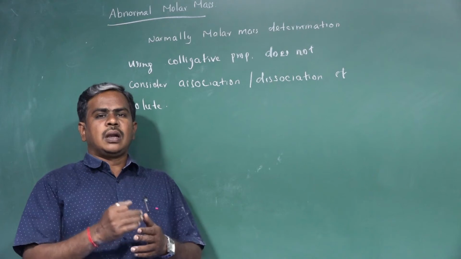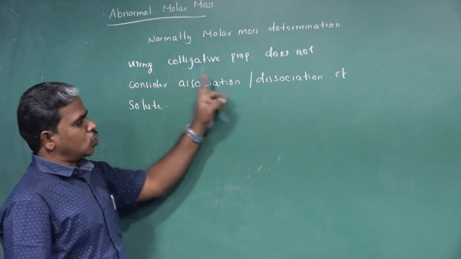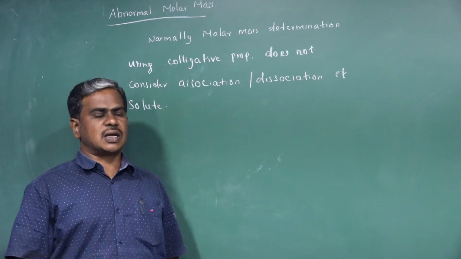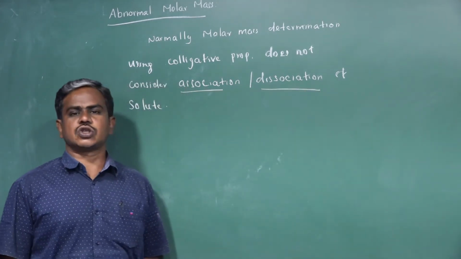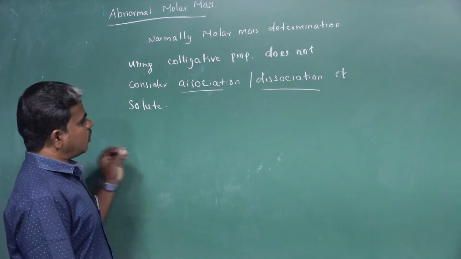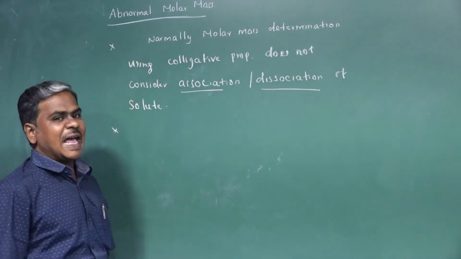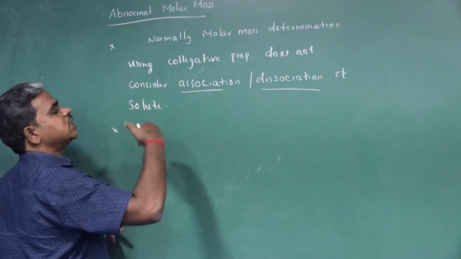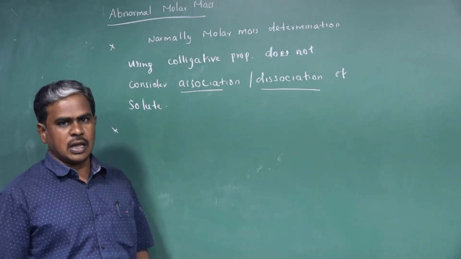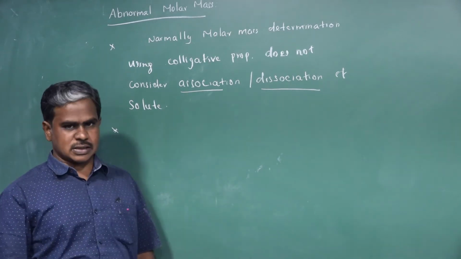So normal determination of molar mass using colligative property does not consider the association or dissociation of a solute. Now what will happen? There is a deviation between the actual molar mass and the molar mass after association or dissociation. That is known as abnormal molar mass.